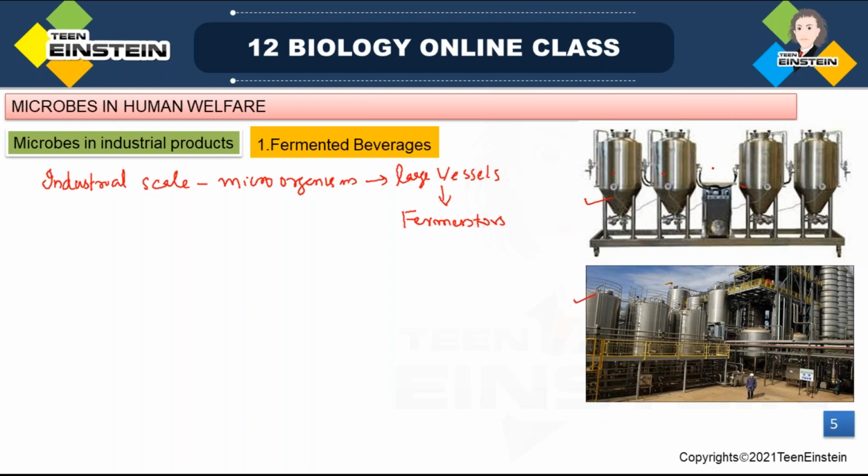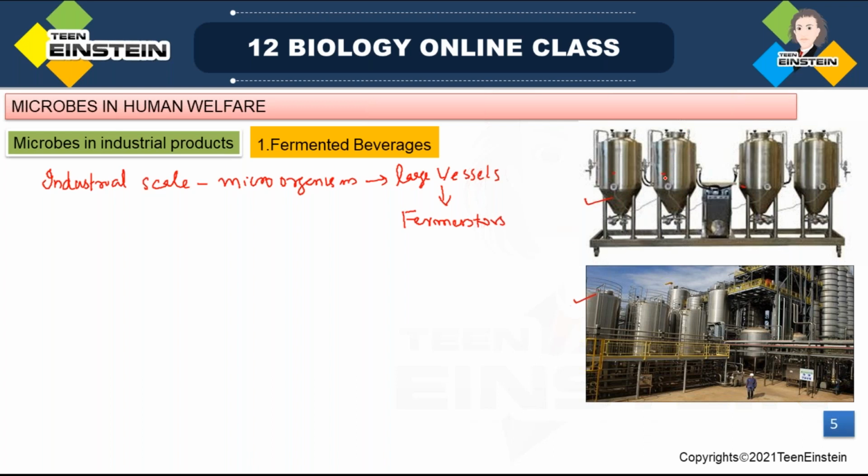Okay, here you can see in this picture the fermenters. Then this is one more question. Fermenters are the vessels which are used for growing the microbes for the industrial scale production of products. Okay, and here the picture is also there.